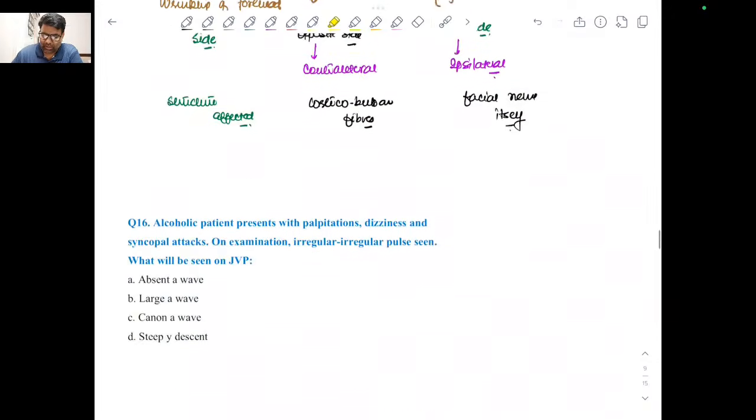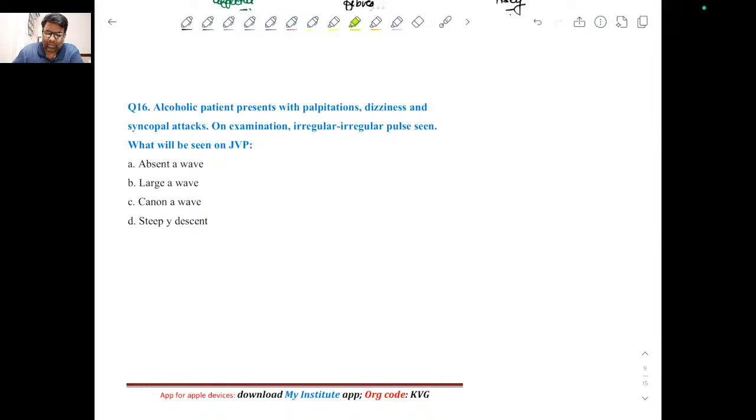Chalo. Next question. Alcoholic patient presents with palpitations, dizziness and syncopal attack. On examination, irregular pulse was felt. What will be seen on JVP? So again, firstly you have to make the diagnosis and then only you can correlate that clinical condition with the JVP findings. So let us write the keywords first.